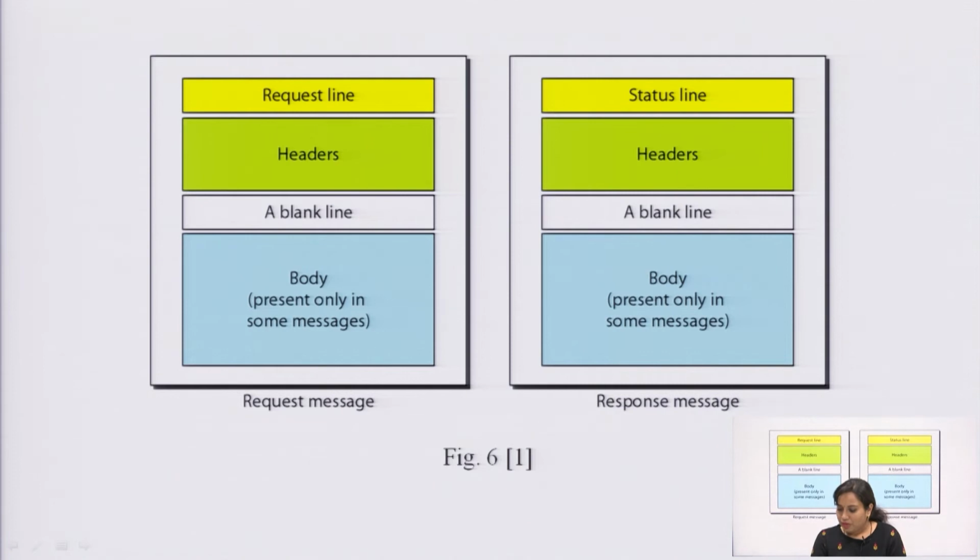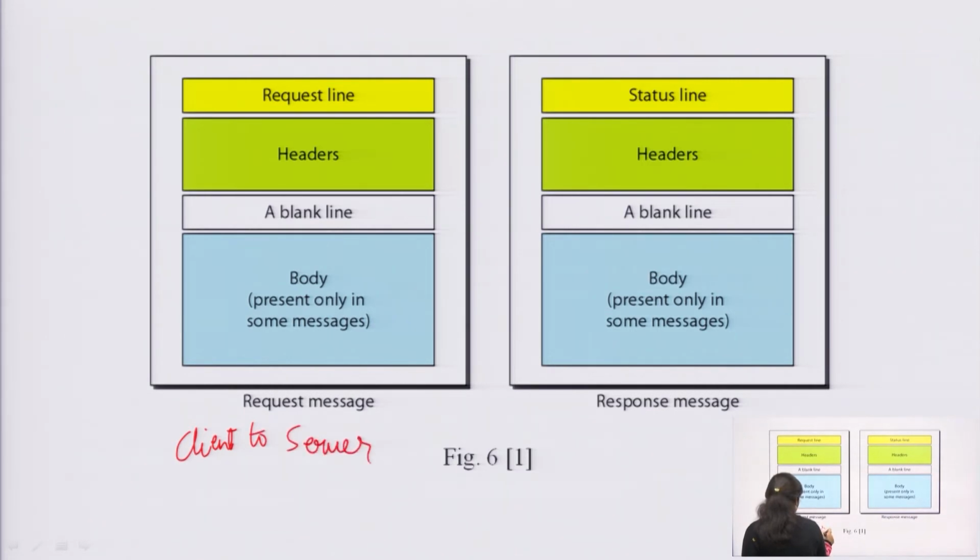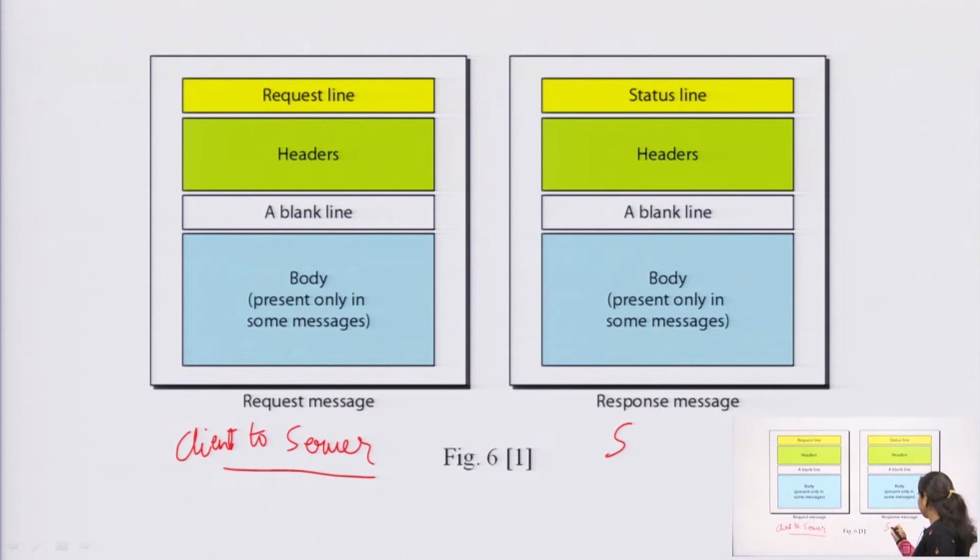Now, this diagram is showing how the two messages look. The request message will be transferred from client to server and the response will be transferred from server to client. In the request, you can see that there will be a request line, a header, then a blank line, which means a gap will be inserted between the header and the main body of the information.